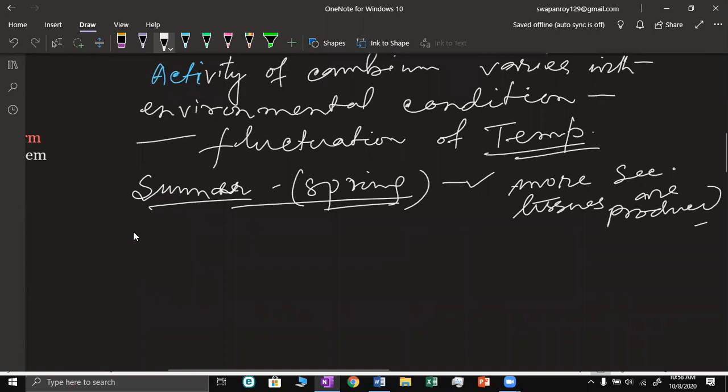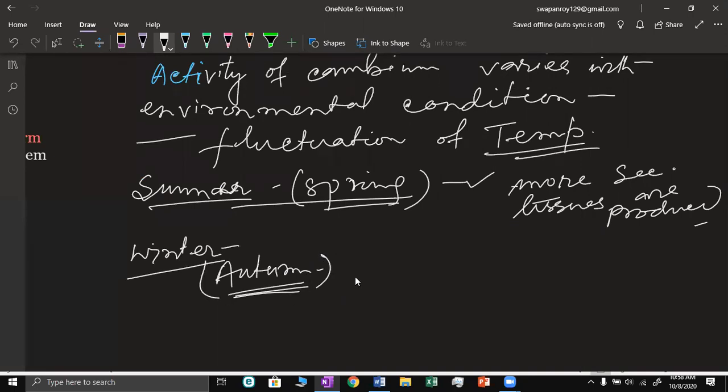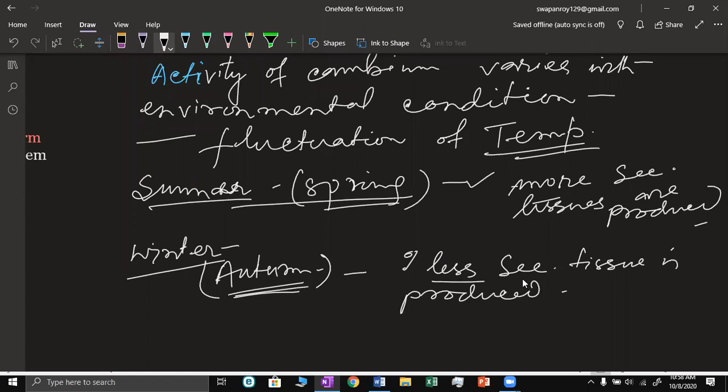And during winter, when the temperature is very low, or it is autumn, this is not suitable for growth, and here very less secondary tissue is produced.